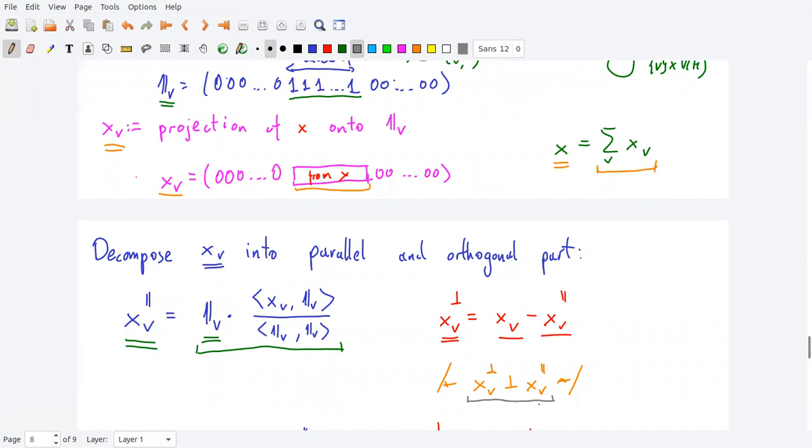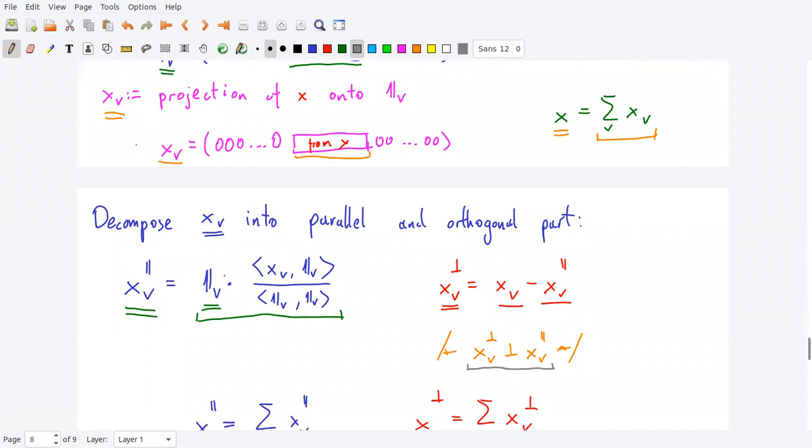So the orthogonal part and the parallel part are orthogonal to each other. You can think about this as the average behavior on the cloud of V, and this is the noise behavior on the cloud of V. So the parallel part tells you the average of what is happening on the entries corresponding to the cloud of V, and the orthogonal part is just the fluctuation.